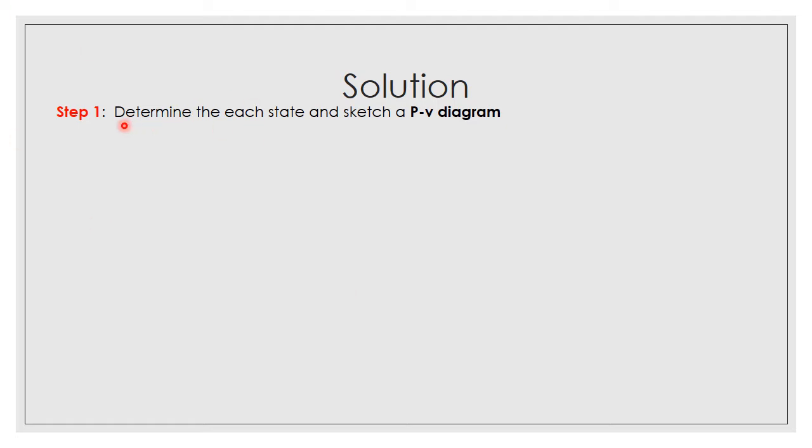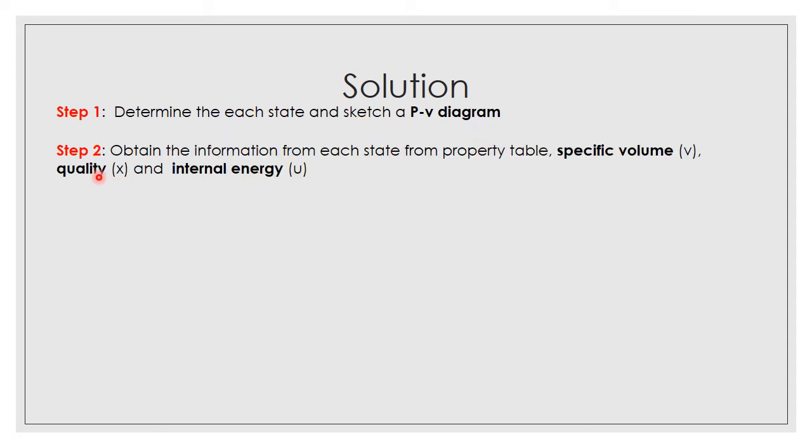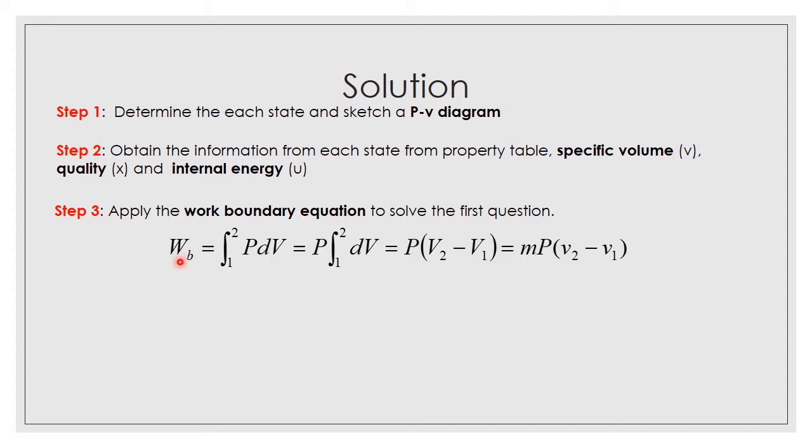First things first, determine each state and sketch a P-v diagram to assist you to solve the problem. Secondly, obtain the information from each state from the property table: specific volume, quality and internal energy. Step 3, apply the work boundary relationship to solve the equation. In this relationship, work boundary or Wb equals the integral of P dV, or we can write it as mass times pressure times specific volume.